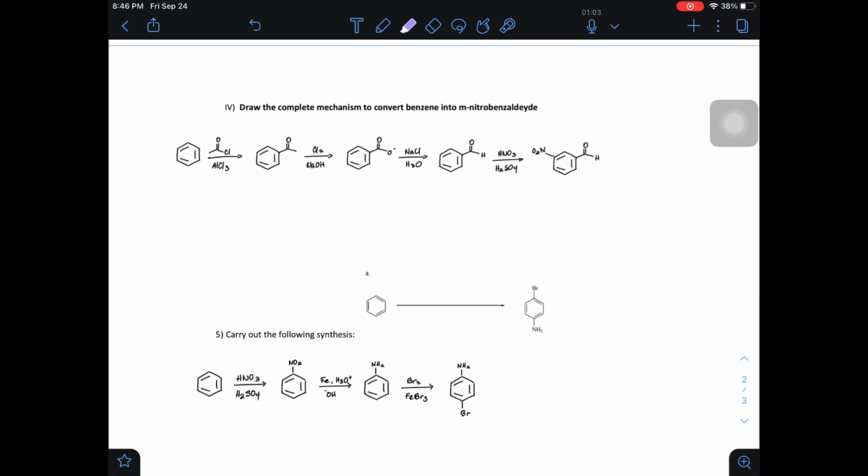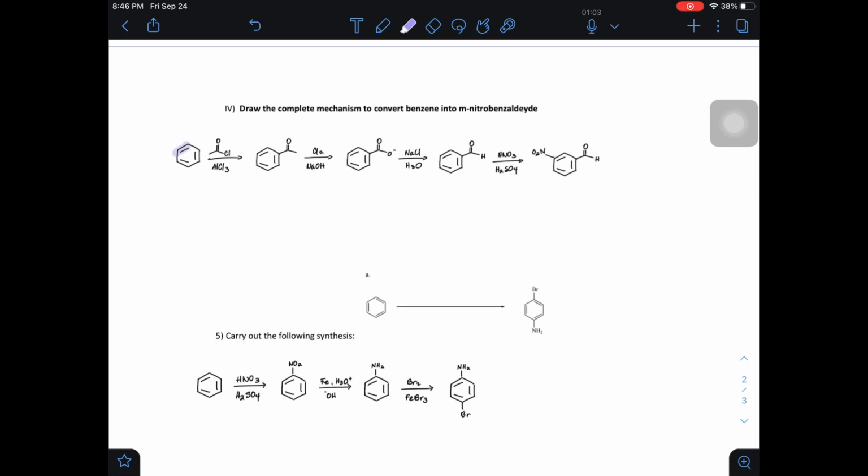Okay, so now we have to draw the complete mechanism to convert benzene into m-nitrobenzaldehyde. So we start right here with benzene, of course, and the first step is going to be to do Friedel-Crafts acylation right here.